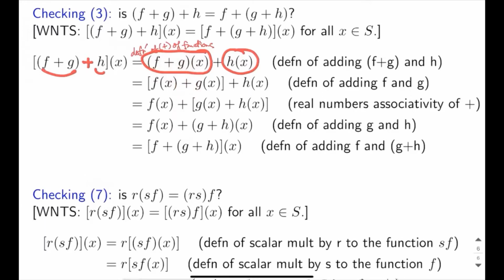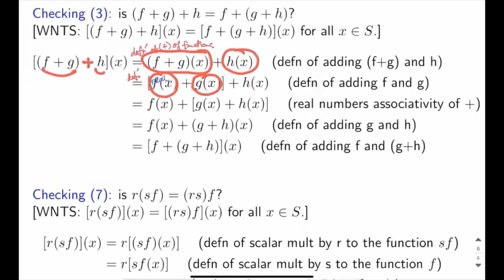So again, this is the definition again, in which we break down f of x and g of x. Now, from here, we have this addition and this addition. They are the additions of real numbers f of x, g of x, and h of x.